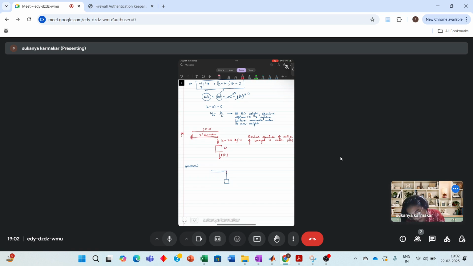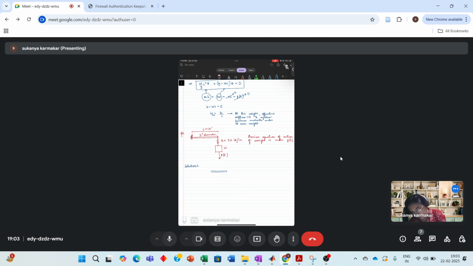The weight would go down, and the forces acting on the block would be P of T, K of U, and the inertial force M U double dot, and you can write it down, but my motive was something else.